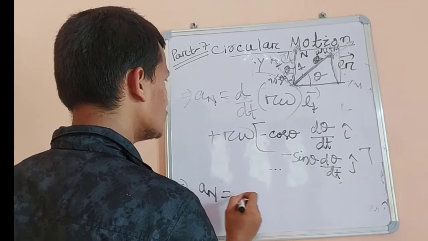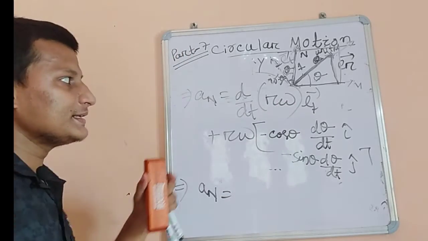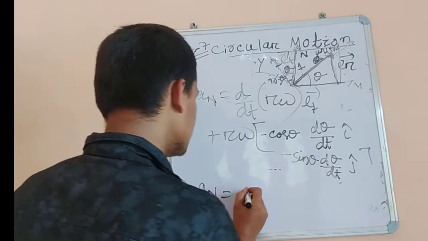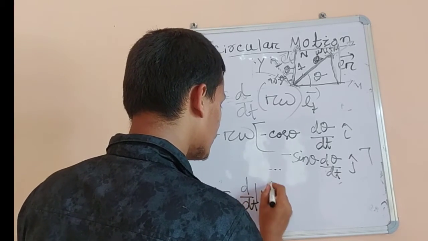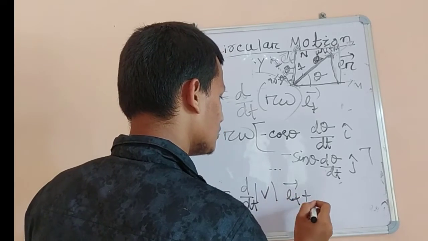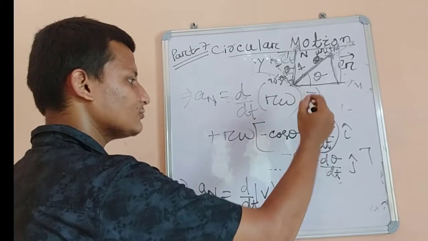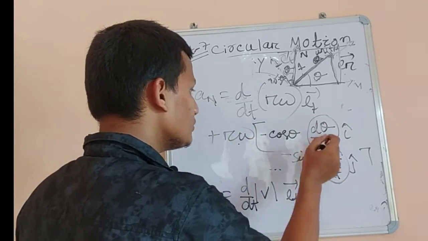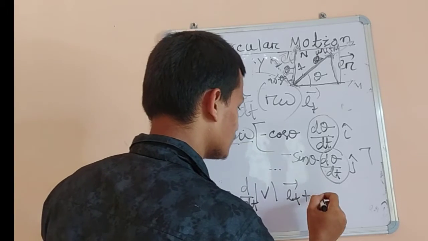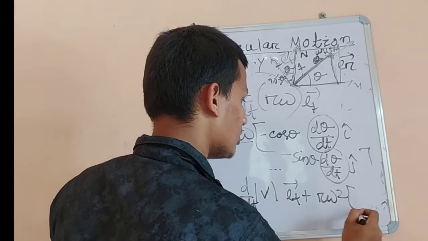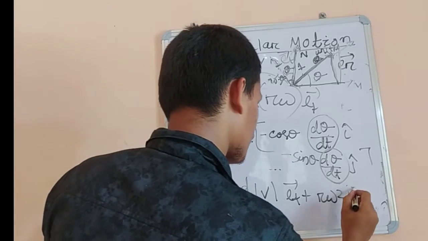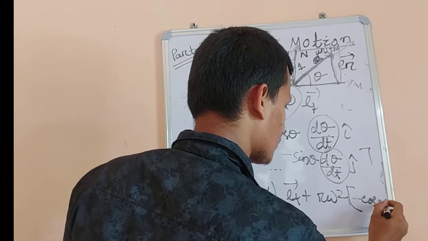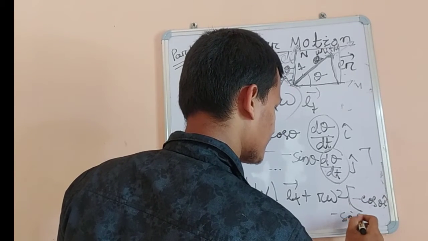That is our a net equal to d by dt of r omega, that is the modulus of the velocity. So we can write r omega as the modulus of velocity, d by dt of v modulus et vector plus, omega can be taken outside of the bracket. So here we take omega and this will be r omega square of minus cos theta I cap minus sin theta j cap.